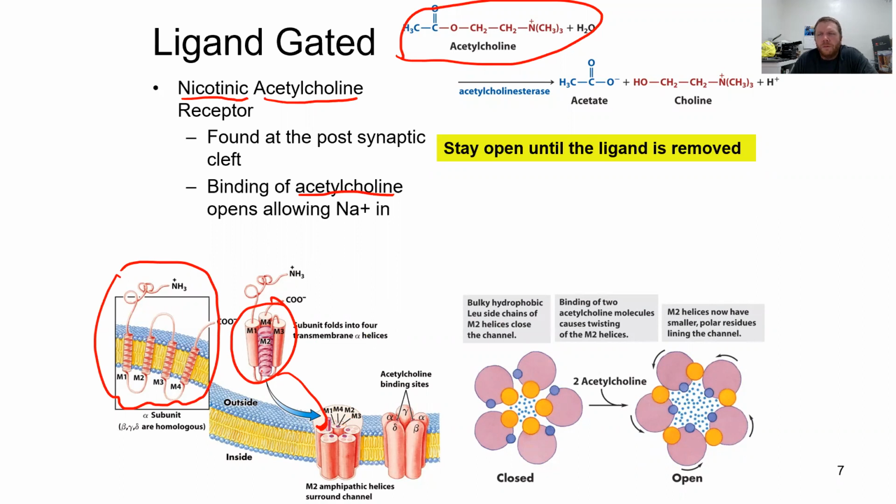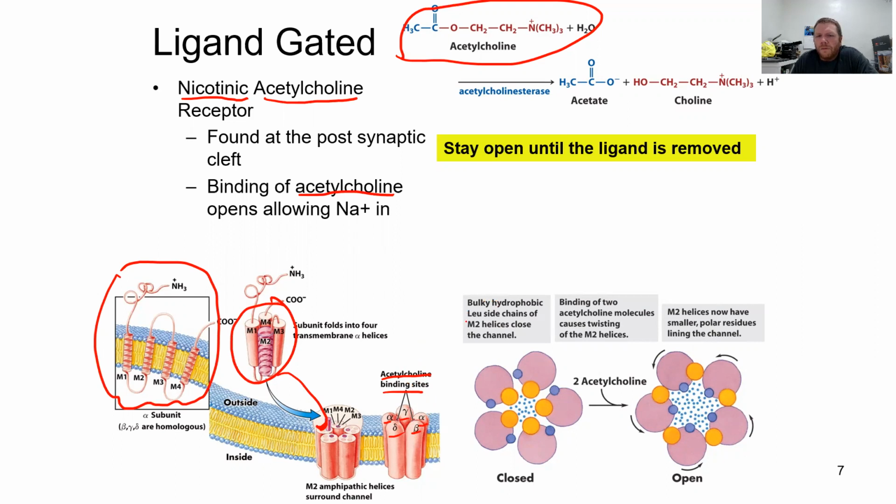So we have 4 helices that make up 1 subunit. And then we have the alpha, beta, sigma, and gamma subunits. So we have these 5 subunits. Sorry, what they all have is acetylcholine binding sites.